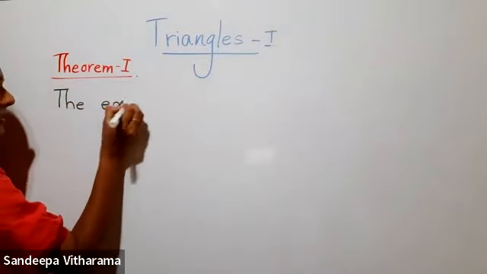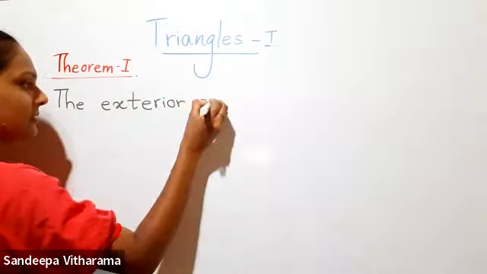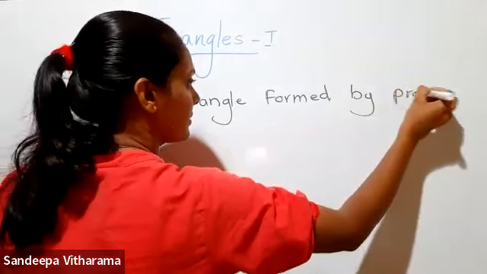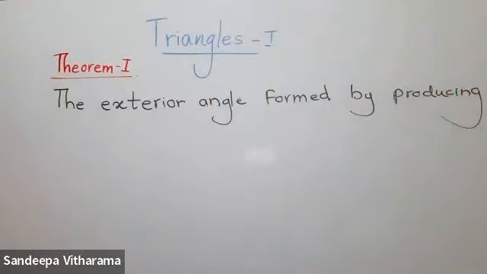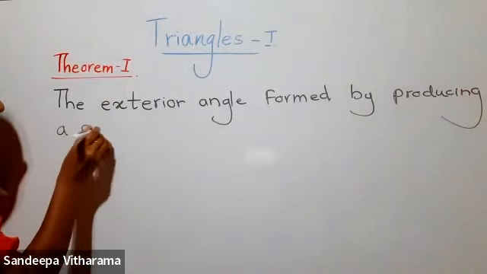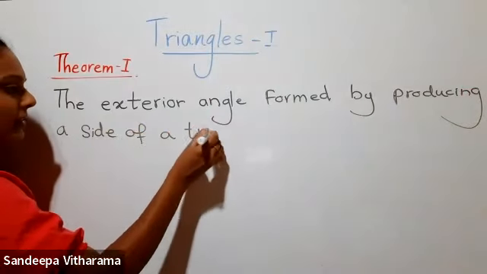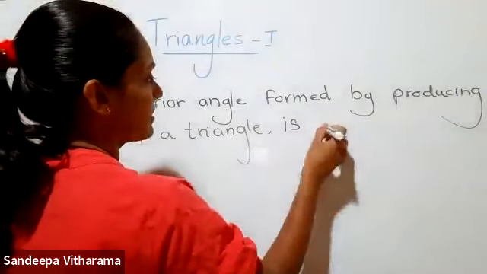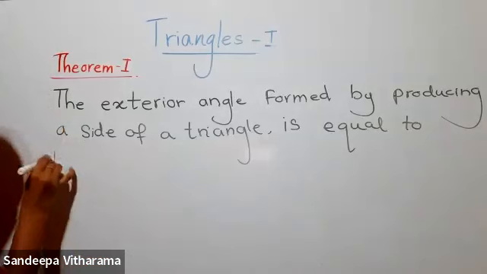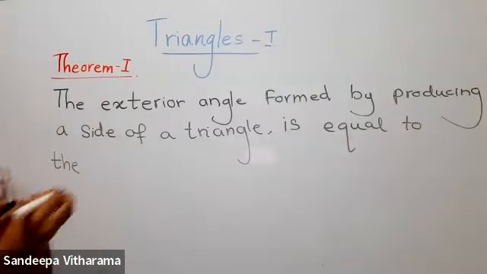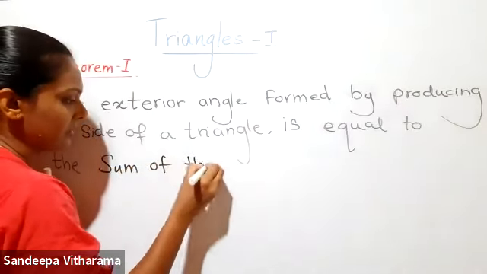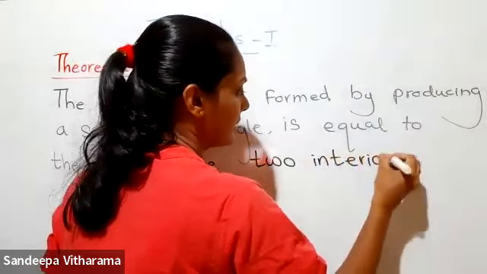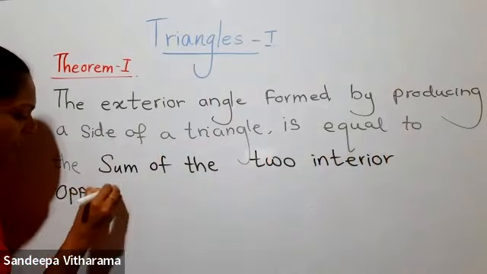The exterior angle formed by producing a side of a triangle is equal to the sum of the two interior opposite angles.